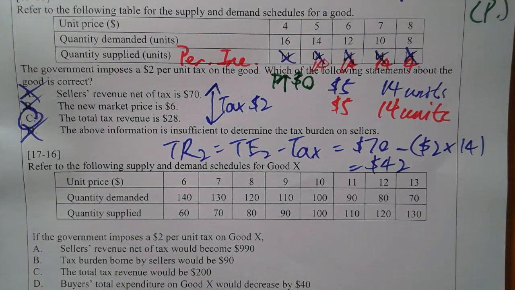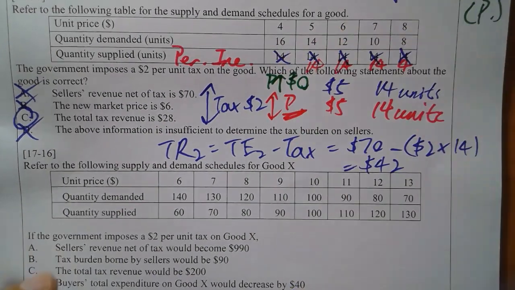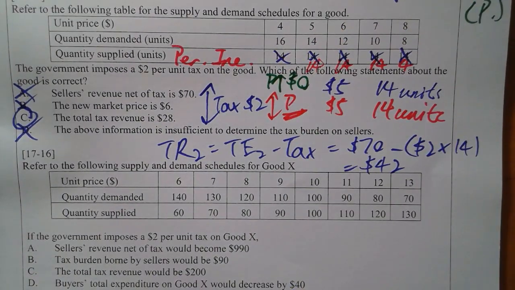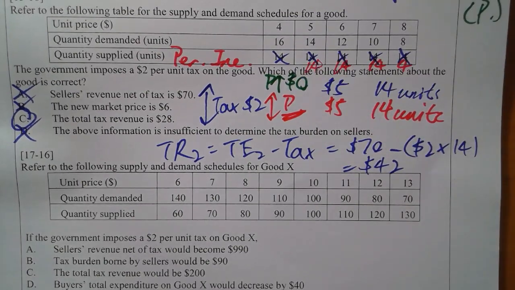Can it be shifted to anyone? Nothing can be shifted. So the whole of the $2 the producer has to eat it. They have to swallow the whole $2, completely unable to shift it to the consumer, unable to raise the price. Okay, now remember this. We will talk about this in the next topic. Okay, just remember this one.